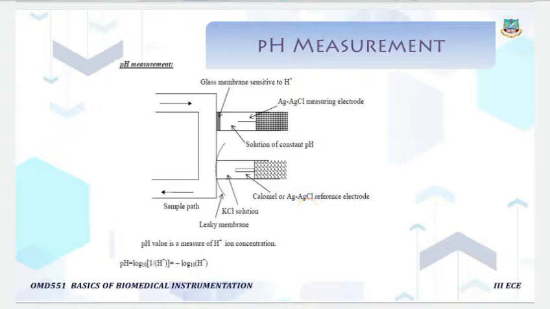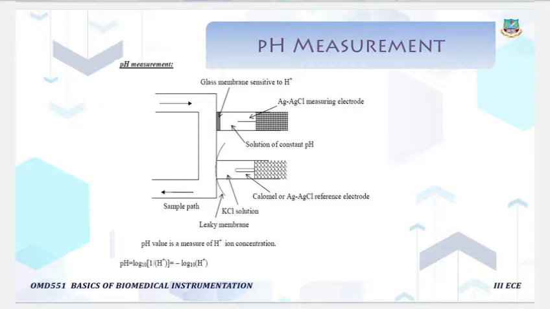The change in potential at the measuring electrode is detected by a voltmeter, which has been calibrated in pH units. pH is defined as the logarithm of the reciprocal of the H+ concentration, that is pH = -log10[H+] = log10(1/[H+]), where [H+] is the concentration of H+ ions.